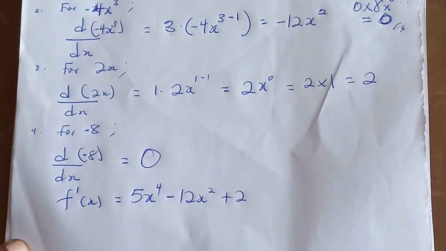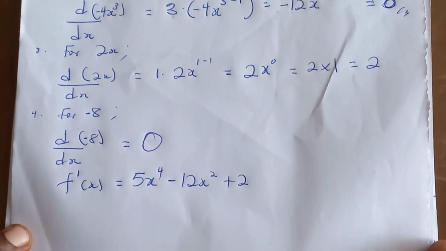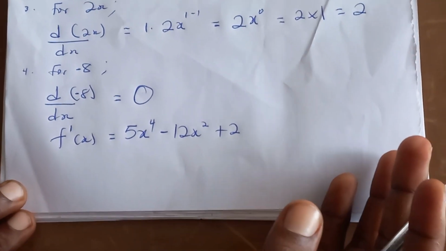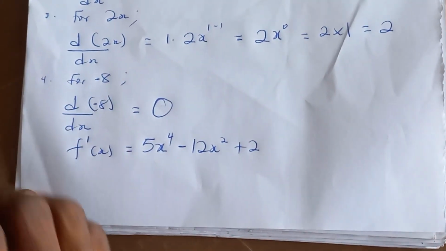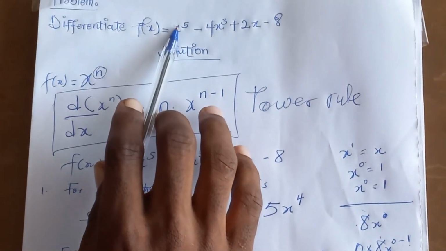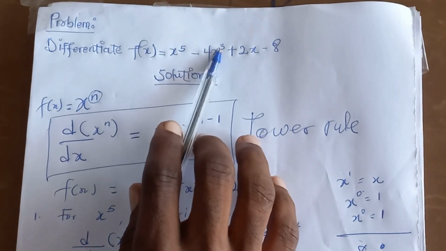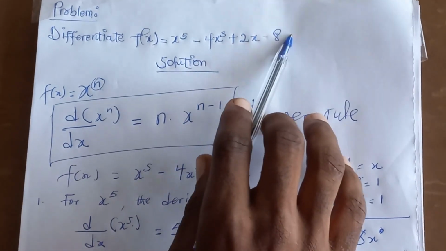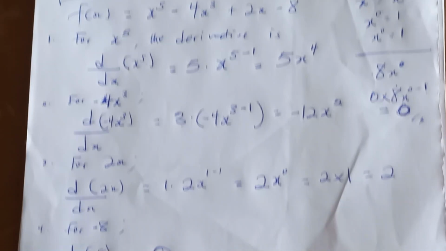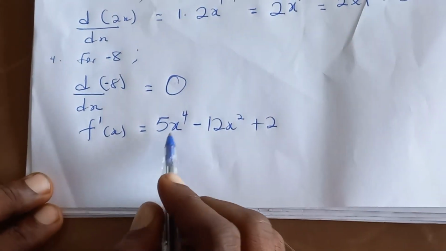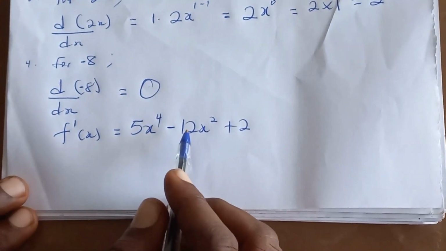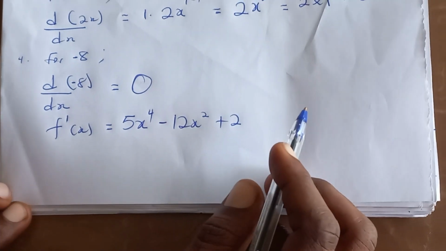The 0 is not important. So when you differentiate this function, x power 5 minus 4x cubed plus 2x minus 8, we get 5x power 4 minus 12x squared plus 2.